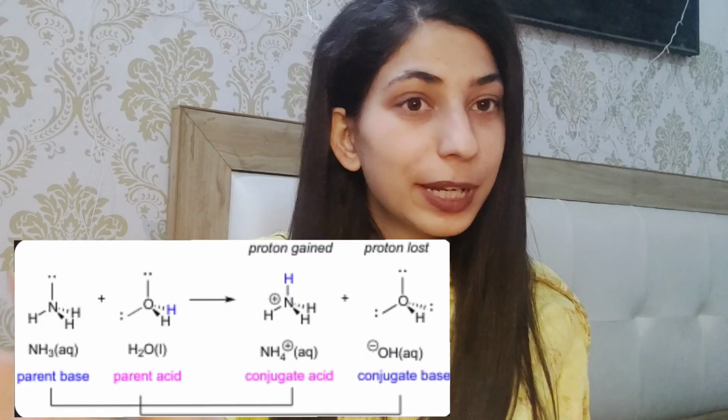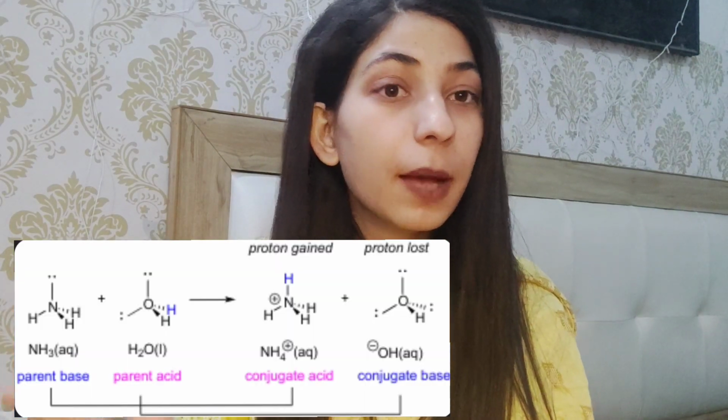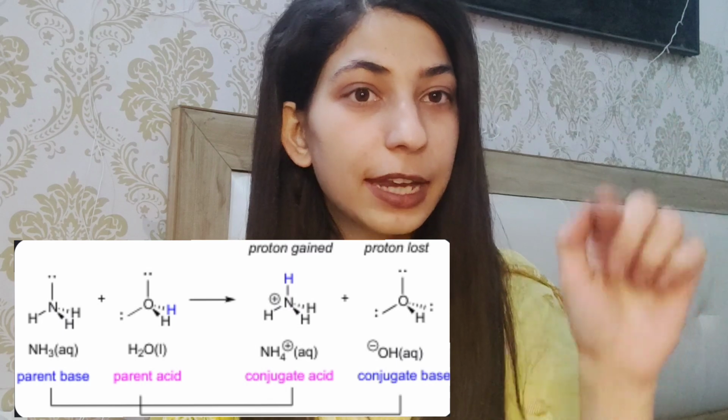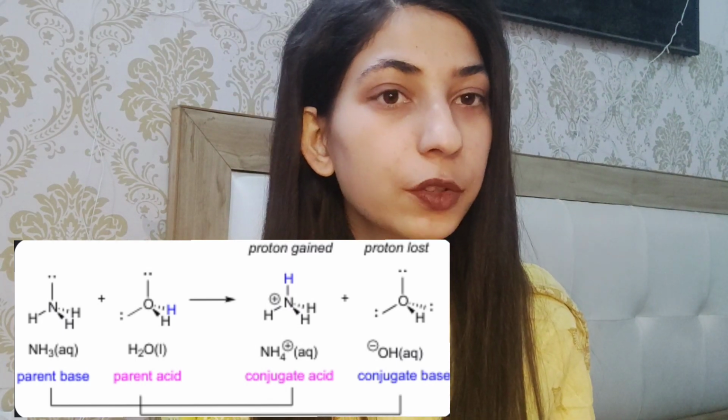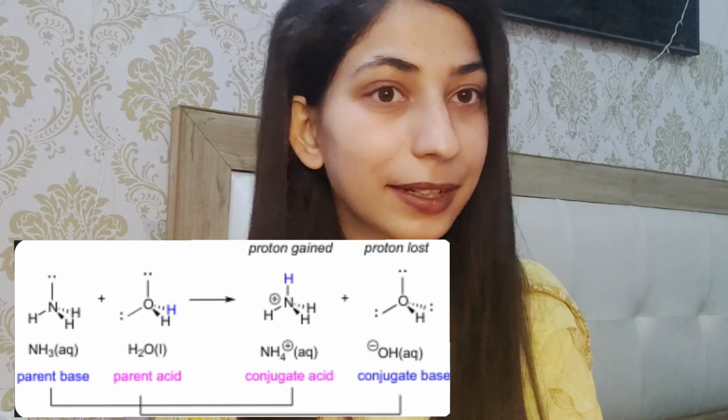Ammonia acts as a base, as it accepts one proton and becomes ammonium ion, NH4+, and water donates its proton, so it acts as an acid here. What is the application of Bronsted-Lowry theory? It explains the concept of acids and bases in non-aqueous solutions such as ammonia and organic solvents. Basically, the limitation that we see in the Arrhenius concept, this theory helps with that.